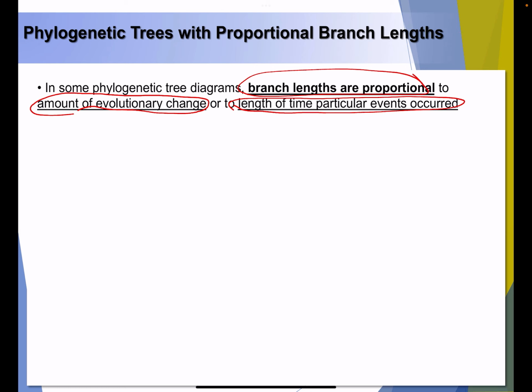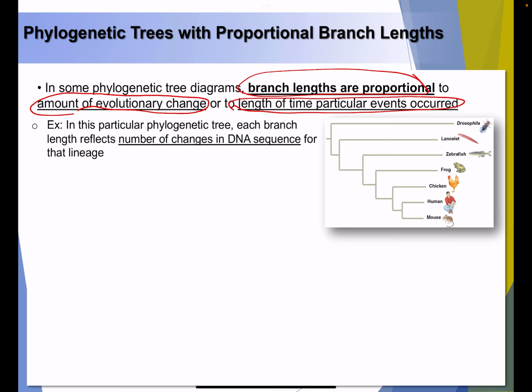But only if the phylogenetic tree diagram tells you so. If it doesn't say otherwise, you will look at it as a general phylogenetic tree that we have discussed earlier, okay? This is only for cases where the tree tells you that these branch lengths are proportional to time or proportional to change in DNA sequence or amount of evolutionary change.